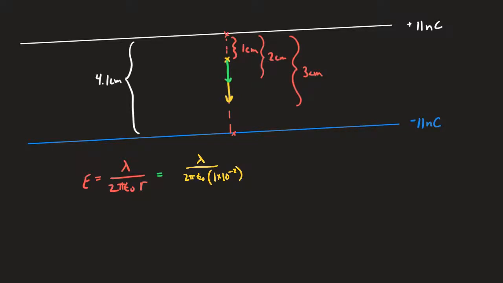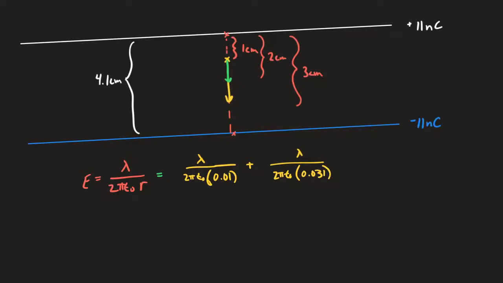I guess I could write that a little nicer for you guys, just 0.01. And then I'm just going to be adding the other contribution. But it is 3.1 centimeters away.